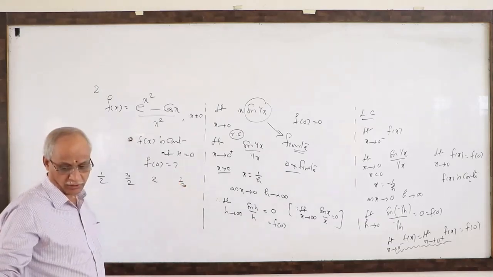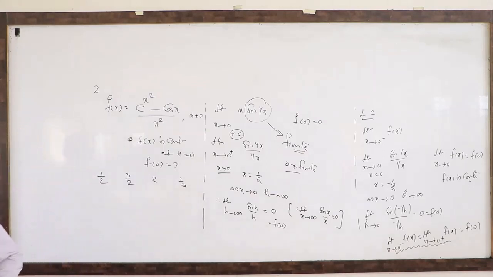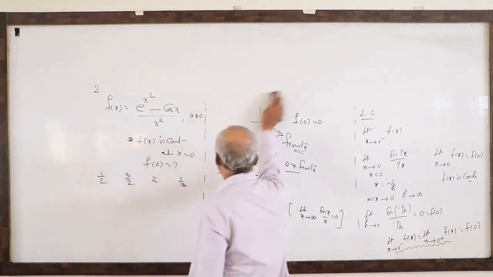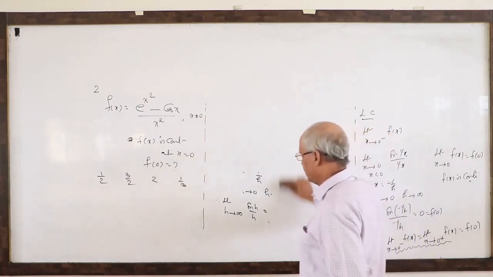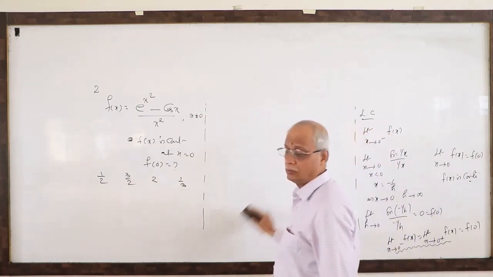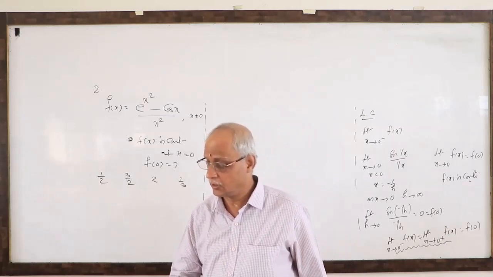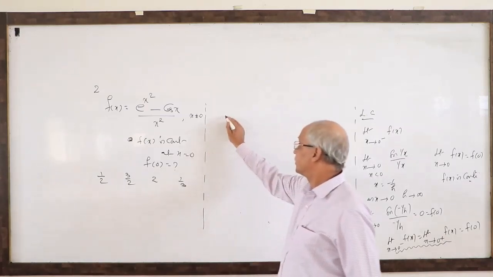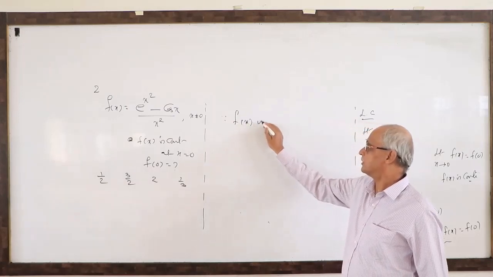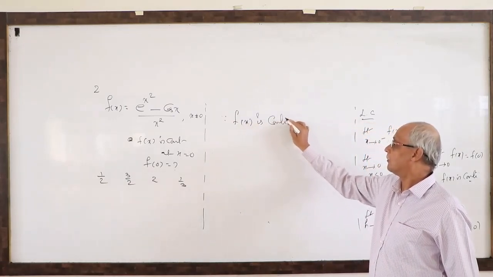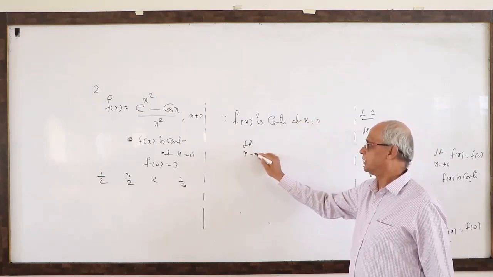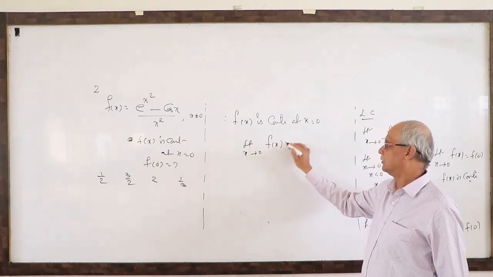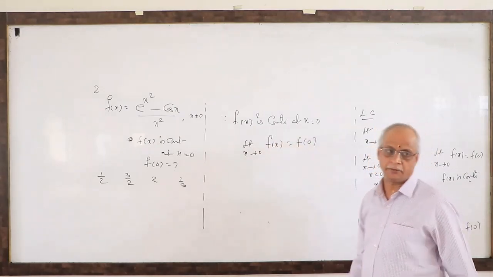Now what you understand here is that it is given that it is continuous. What is it by definition? When a function is continuous at 0, therefore the limiting value must be equal to the functional value at that number.